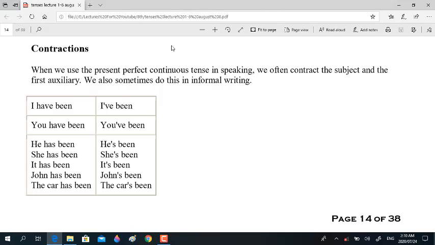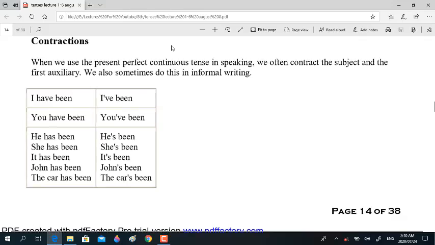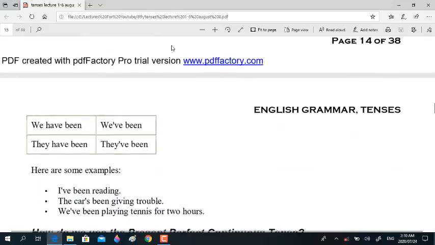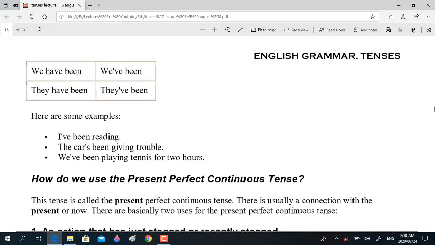Here I repeat that it is not appreciated, it is not commendable to go for contractions while writing formal pieces. Rather, it is considered informal to go for contractions. Like we have been, there have been. The contracted form is there've been. Here are some examples. Just look at the examples.